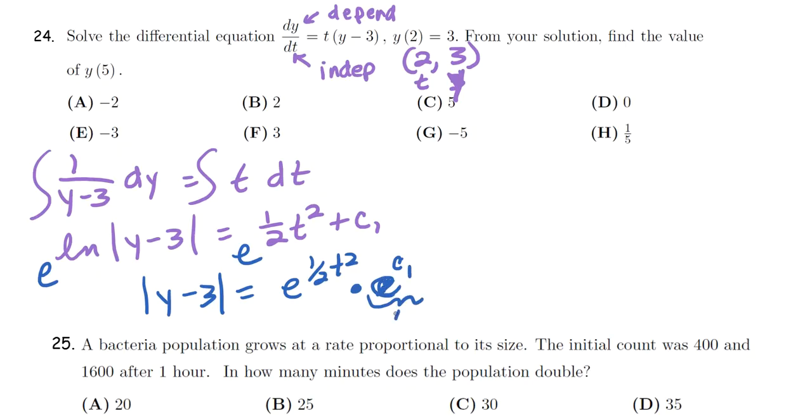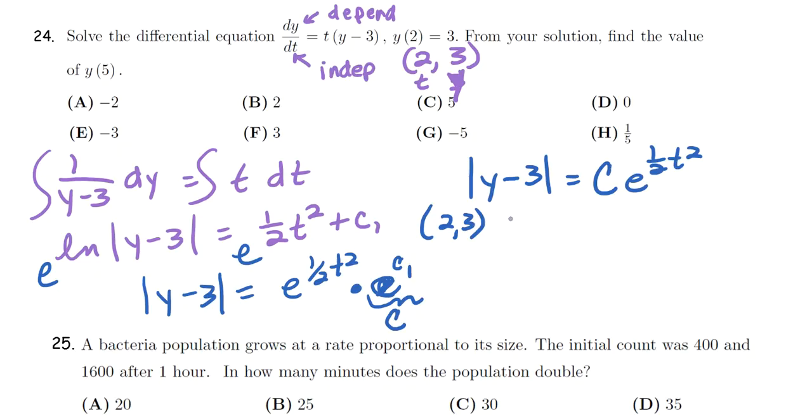And that, of course, you can replace with a constant. All right, so we've got absolute value, and this is our constant, times e to the 1/2 t squared. All right, now I'm going to put in our solution point, and we'll have a 3 minus 3 or a 0 there.